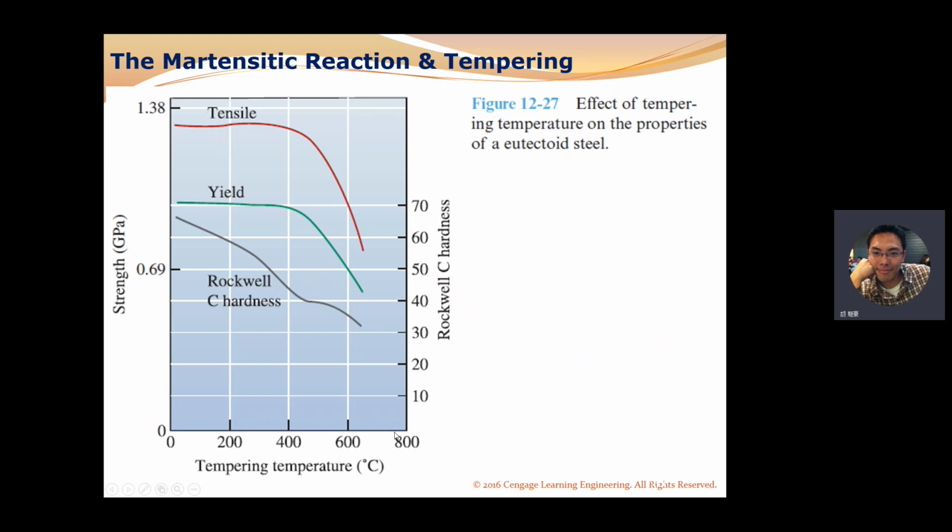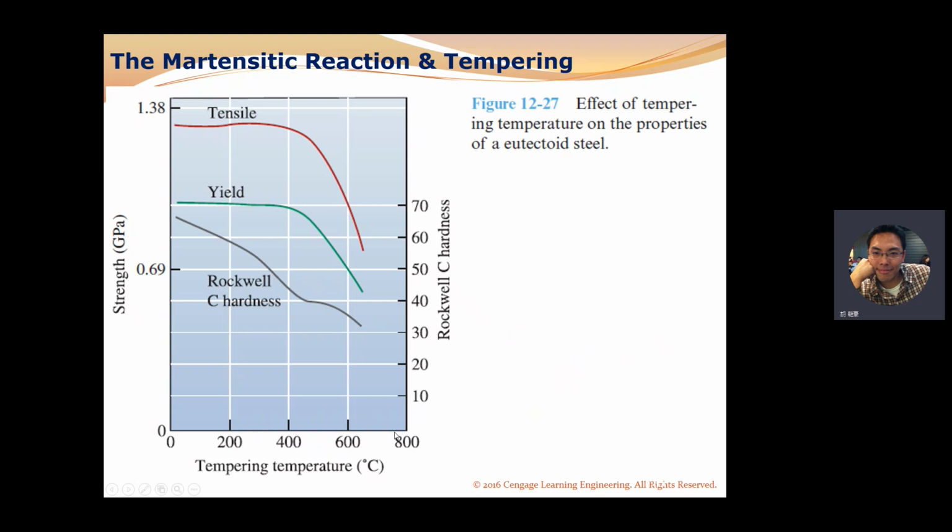And how can we reduce its mechanical properties? This approach is called tempering. If we temper this martensite, its tensile stress, UTS, the yield stress, and the hardness will reduce dramatically.